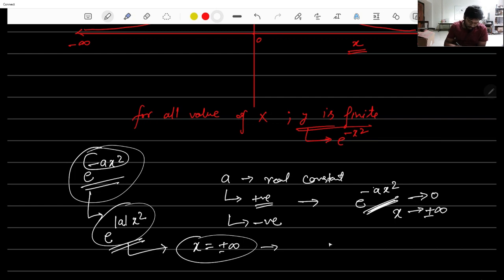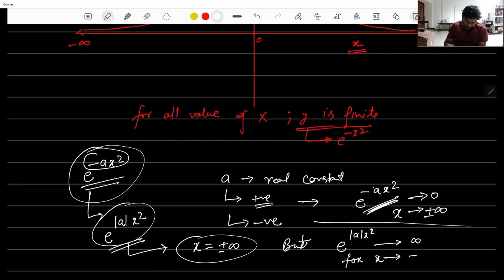But e to the power mod a x square, where a is negative, in that case this integrand diverges to infinity for x tends to plus minus infinity. So if the integrand diverges, how will you evaluate the integration?